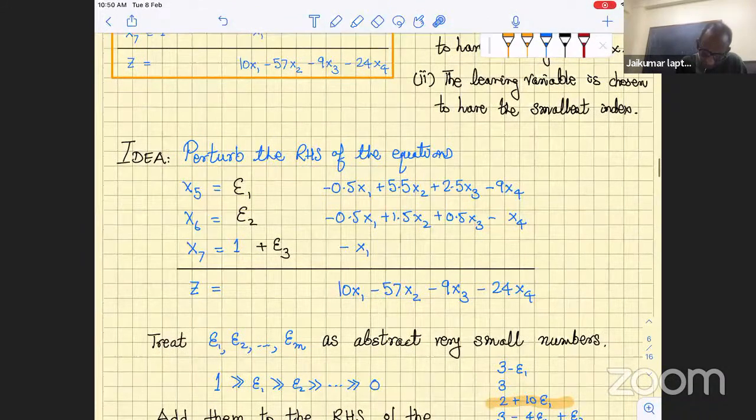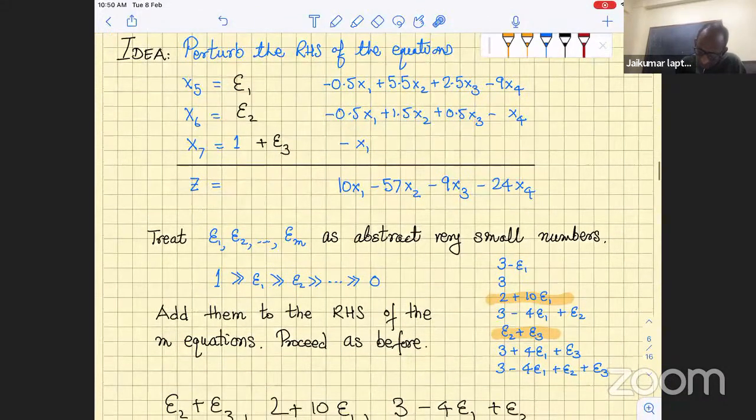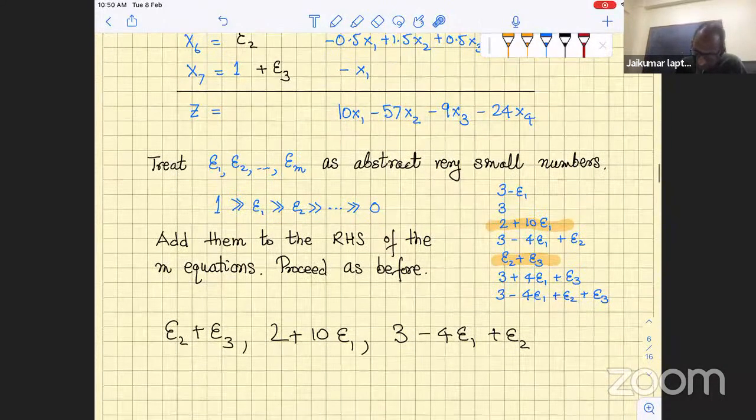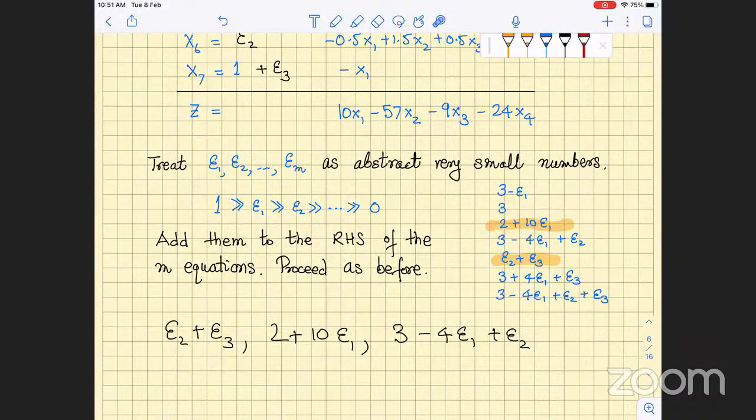That is just for thinking purposes, when I have an expression where an epsilon and a constant both need to be compared, like 2 plus 10 epsilon. How do I know that 2 plus 10 epsilon is less than 3? Well, basically epsilon1 is smaller than 1.